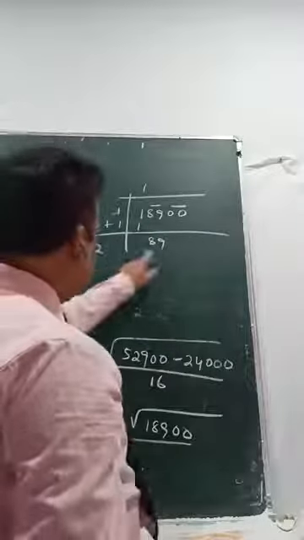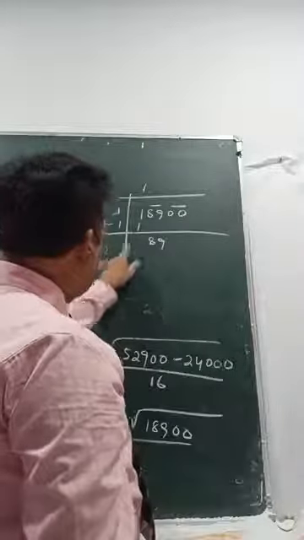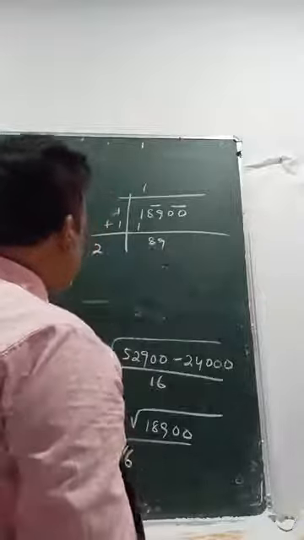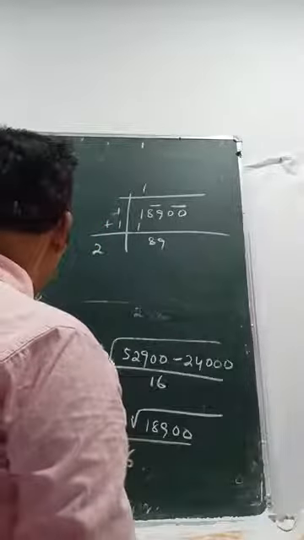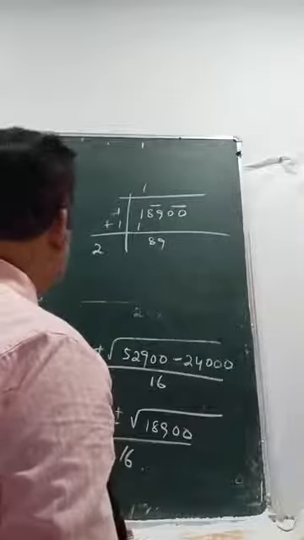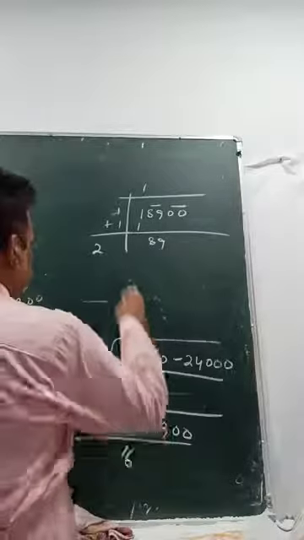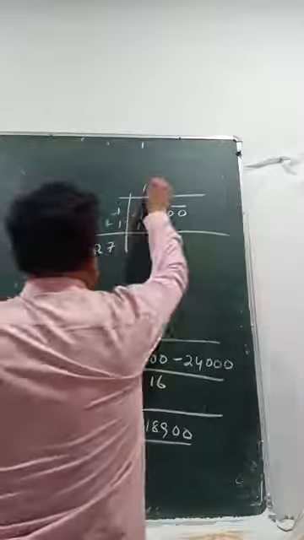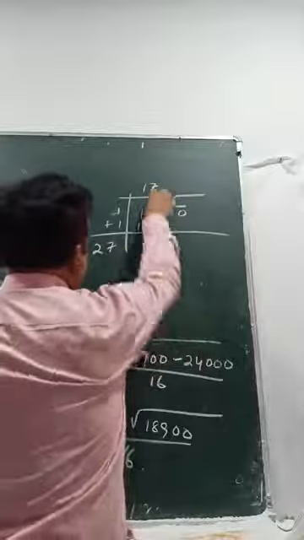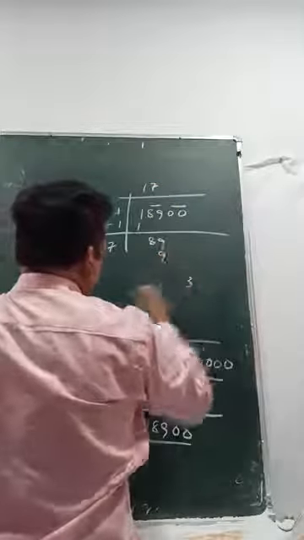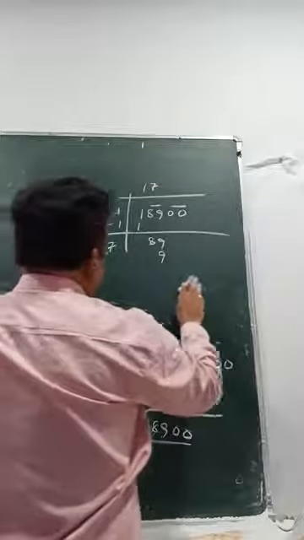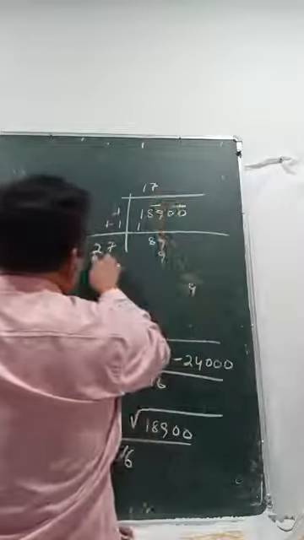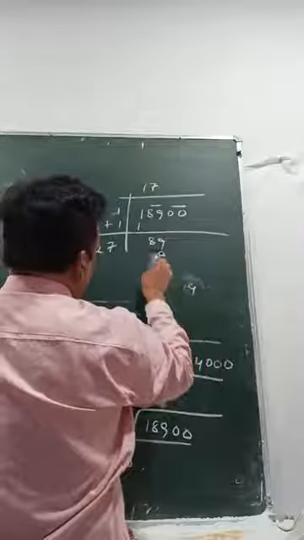So which number, because there are still more digits, which number will go, try to see. 7, because last term is 7, 7 is 49. 7 2 is 14.